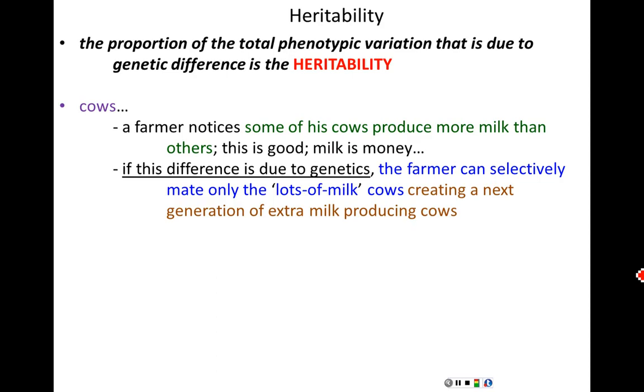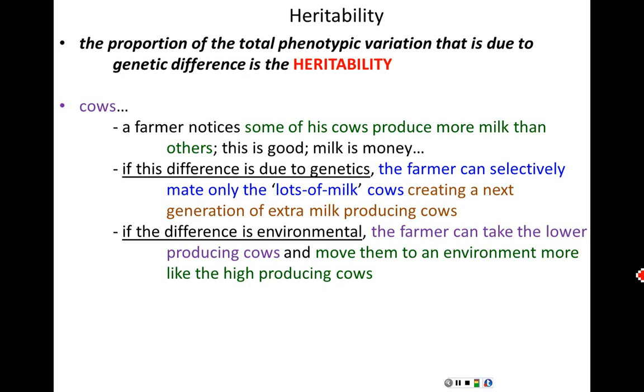He can get the male cows and selectively breed them with only the female cows that are making the most milk, creating a next generation of cows that make more milk too. He can selectively breed only the cows that are making more milk so that his next generation will be lots of milk producing cows as well.